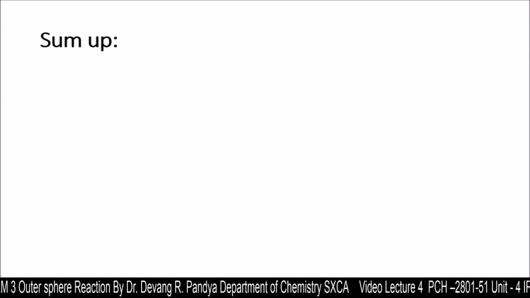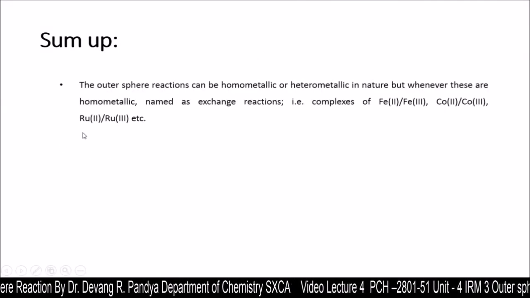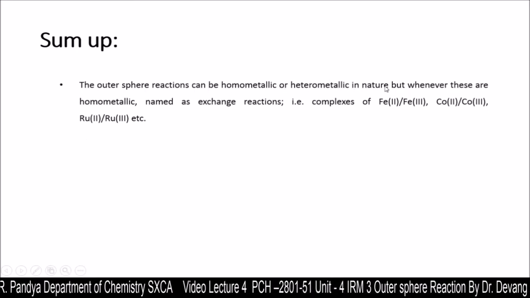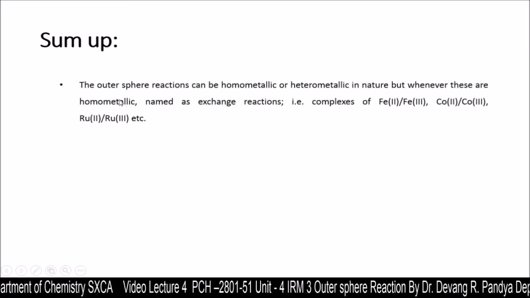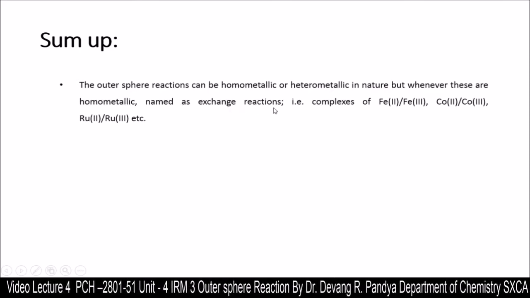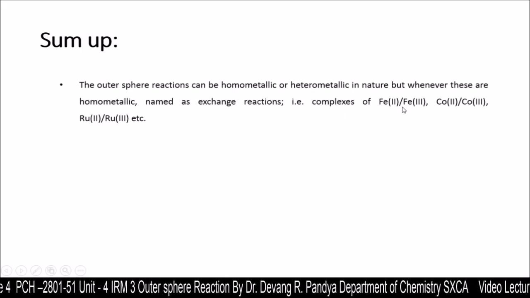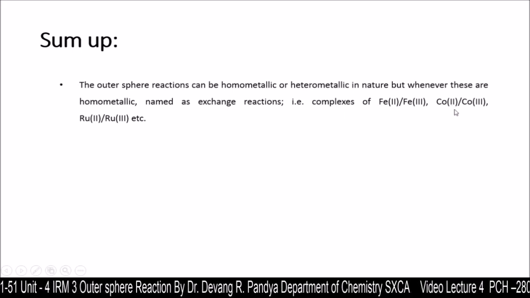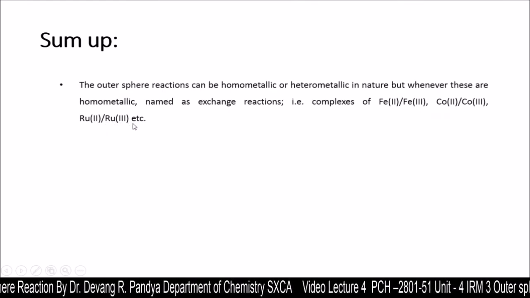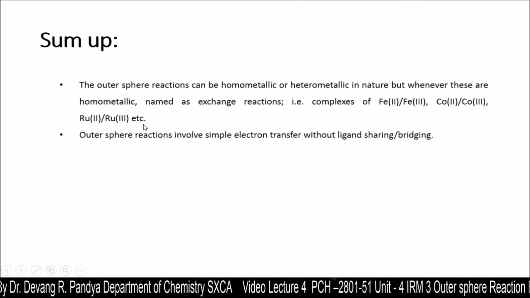Now let's sum up all the points. The outer sphere reaction can be homonuclear or heteronuclear in nature, but whenever these are homometallic, they are named exchange reactions, like the complexes of ferrous to ferric, or cobalt 2+ to cobalt 3+, ruthenium 2+ to 3+, etc., which we have discussed here.